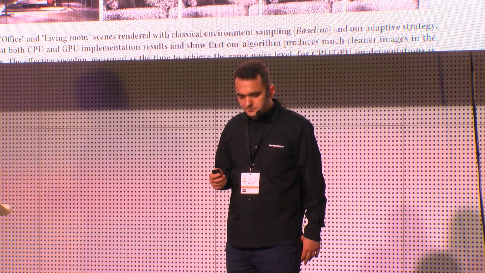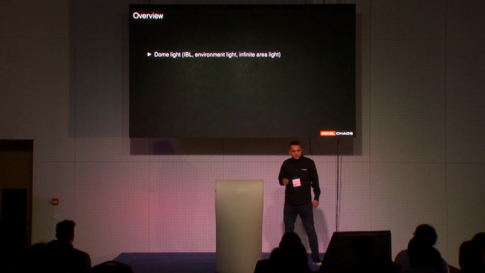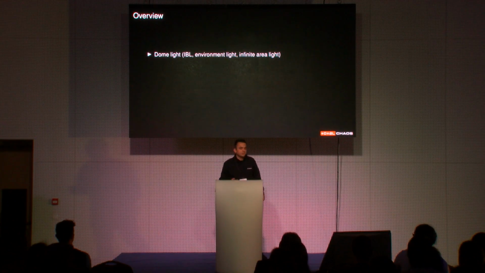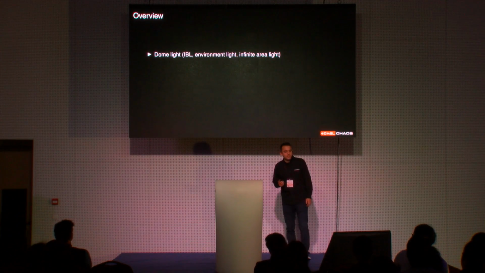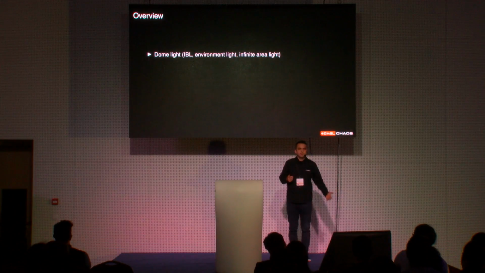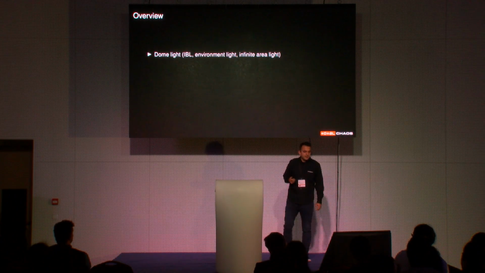So, a quick overview of what we're going to hear today. I will speak about this dome light, what it is, and a few words about image-based lighting. Actually, these words in the brackets here have a lot in common and are nearly the same thing.